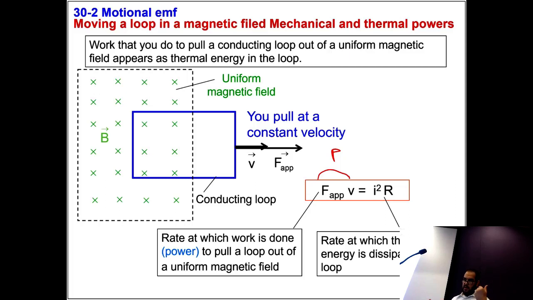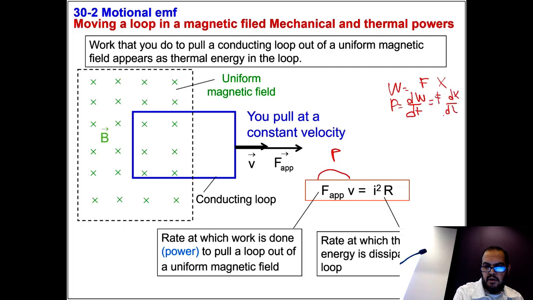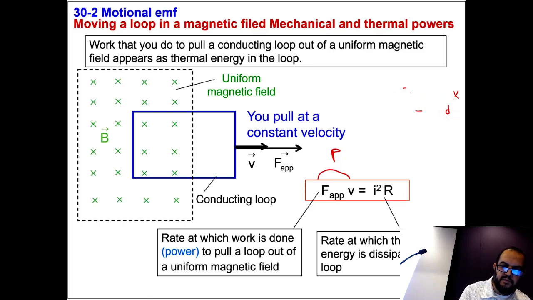Remember, the work is Fx, and the power is the derivative of work with respect to time, dW/dt. So this is going to be F dx/dt, so it's going to be Fv. We're just illustrating. The power that you'll be exerting is going to be equal to the power dissipated in this loop.